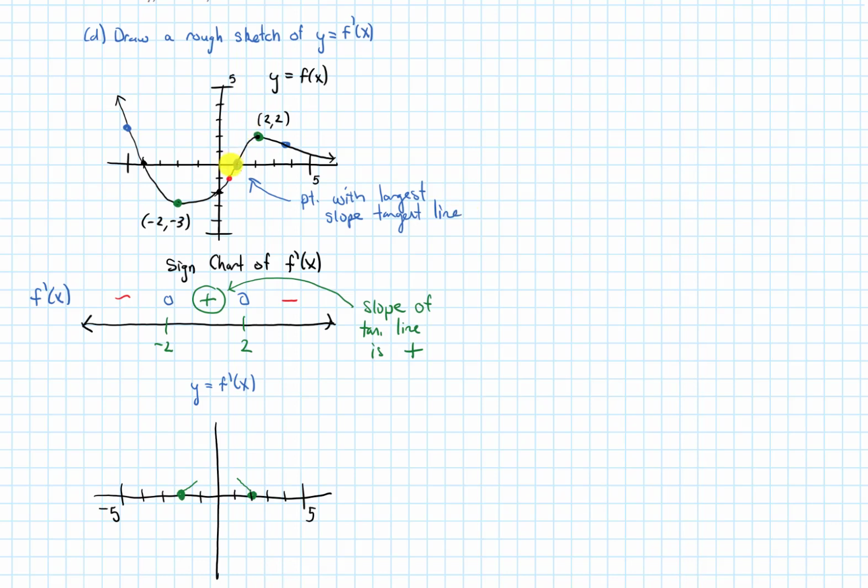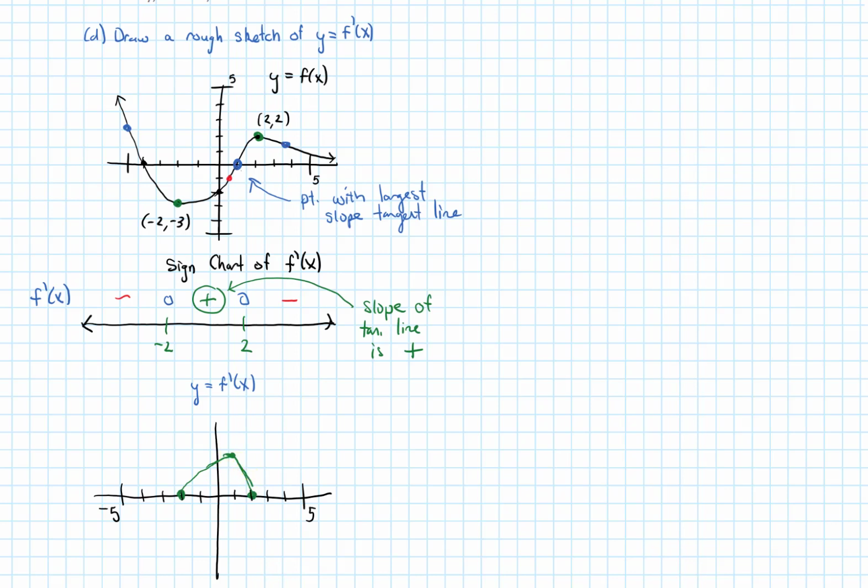That x-coordinate seems to be around 1. So on my derivative graph, it should be highest at 1. So maybe let me make a more accurate picture. That portion of the graph might go something like this, with its highest point at 1, and then it dips down. Something like that, maybe.